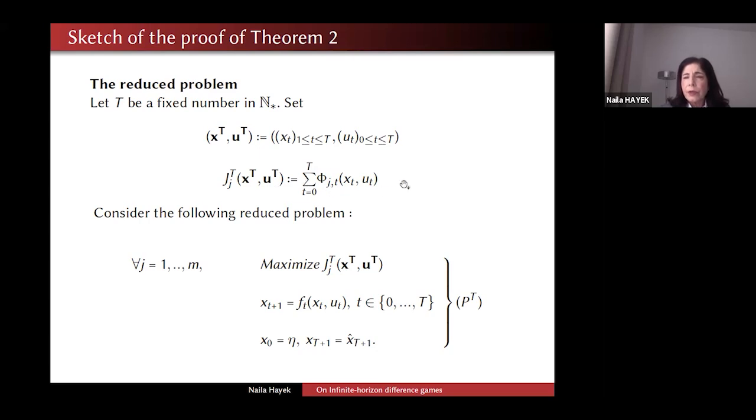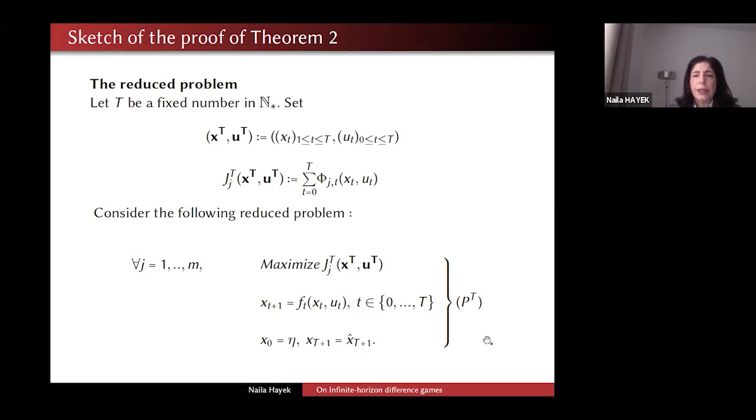It is the truncated sum, t goes from 0 to capital T. So the reduced problem is: for all j going from 1 to M, every player from player 1 to player M will maximize J_j^T of (x_T, u_T), subject to the difference equation x_{t+1} equals f_t(x_t, u_t), but for t going from 0 to T, not all t's, of course, x_0 being equal to eta, and x_{T+1} being equal to hat x_{T+1}.